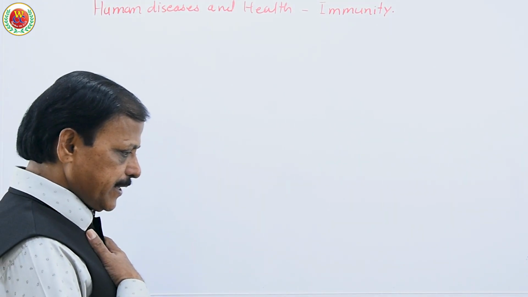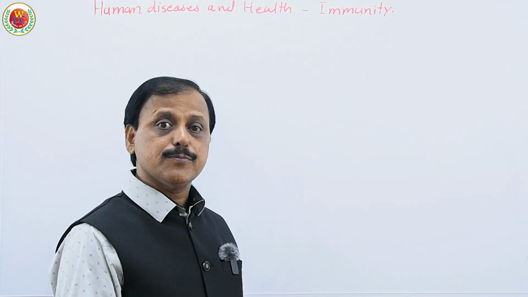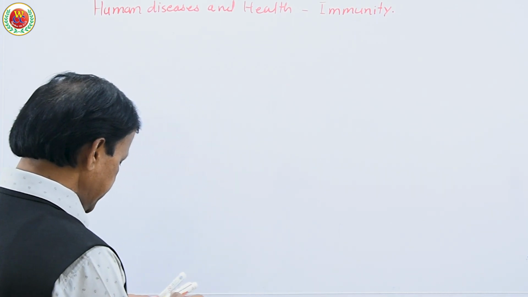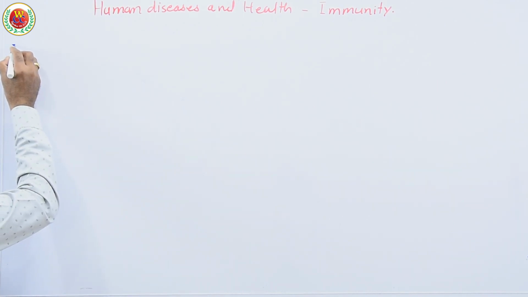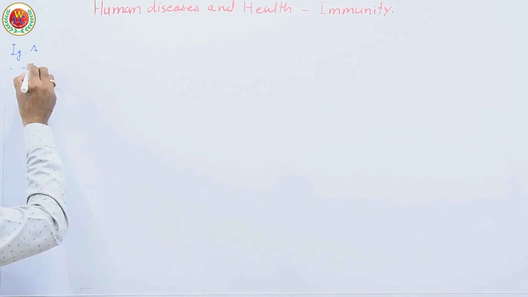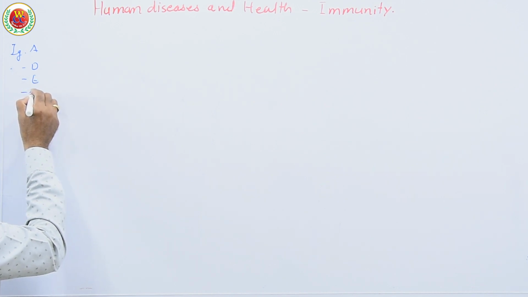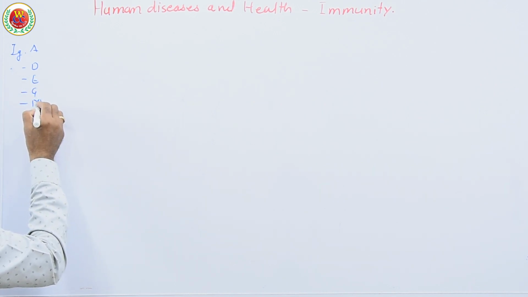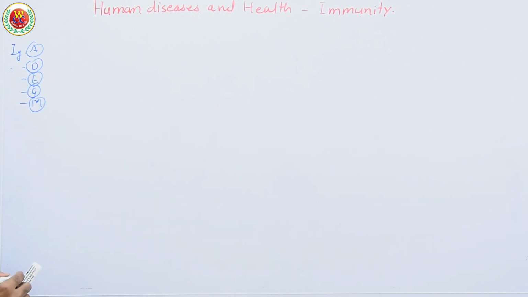In the span of time when we get exposed to diseases, our body produces specific antibodies, and I told you that antibodies are of 5 types: immunoglobulin A, D, E, G, and M. These are the 5 antibodies produced in our body.